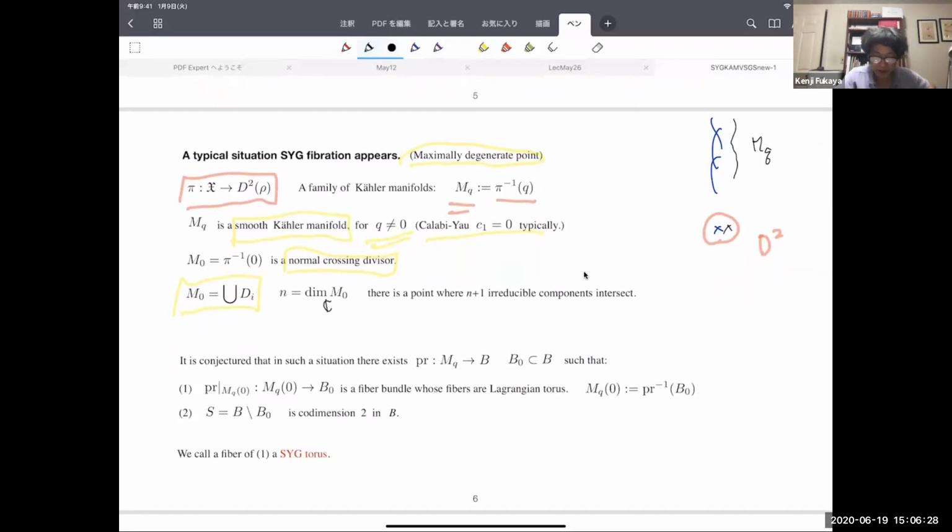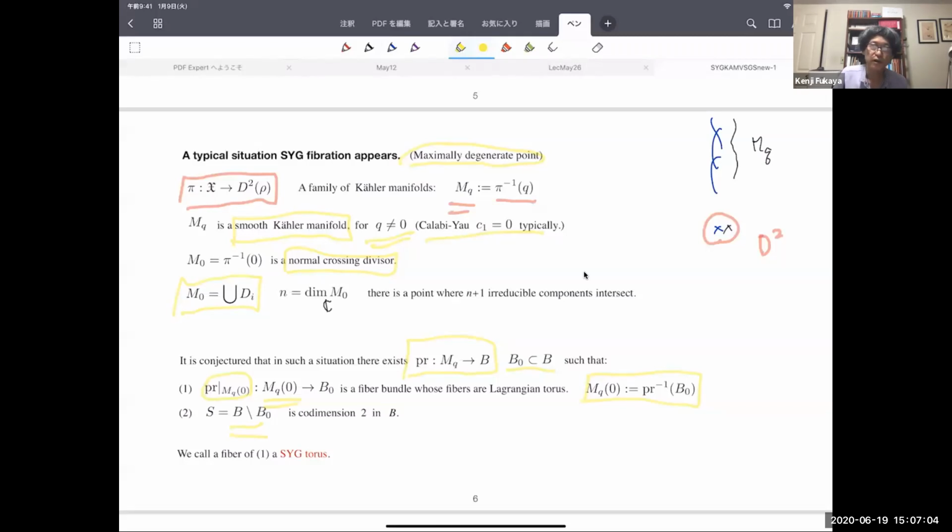It is now believed, as first proposed by Strominger-Yau-Zaslow, that in these situations there is a map from the regular fiber M_q to some manifold B, and some subset B0 of B, so that if we restrict this projection to the inverse image of B0, then it is a Lagrangian torus fibration, and the complement of B0 in B has codimension 2.